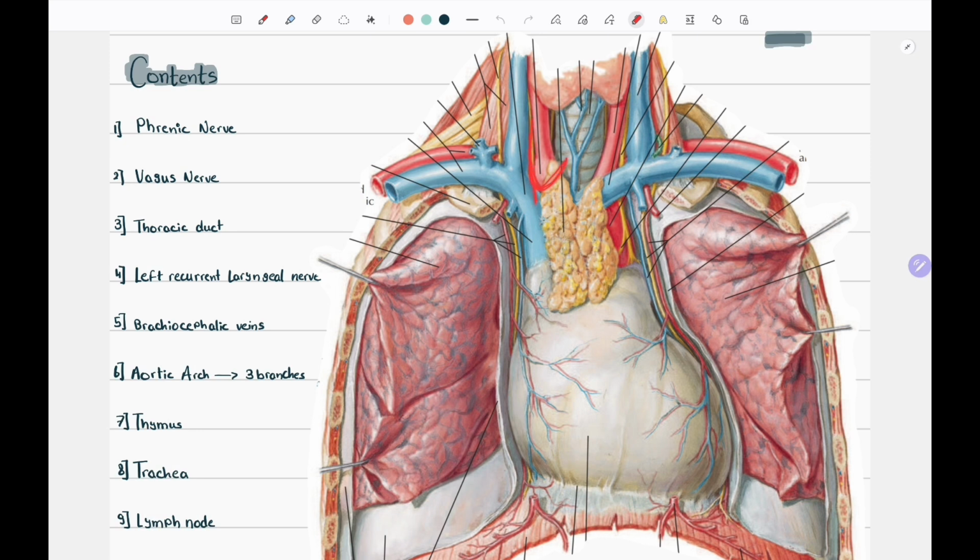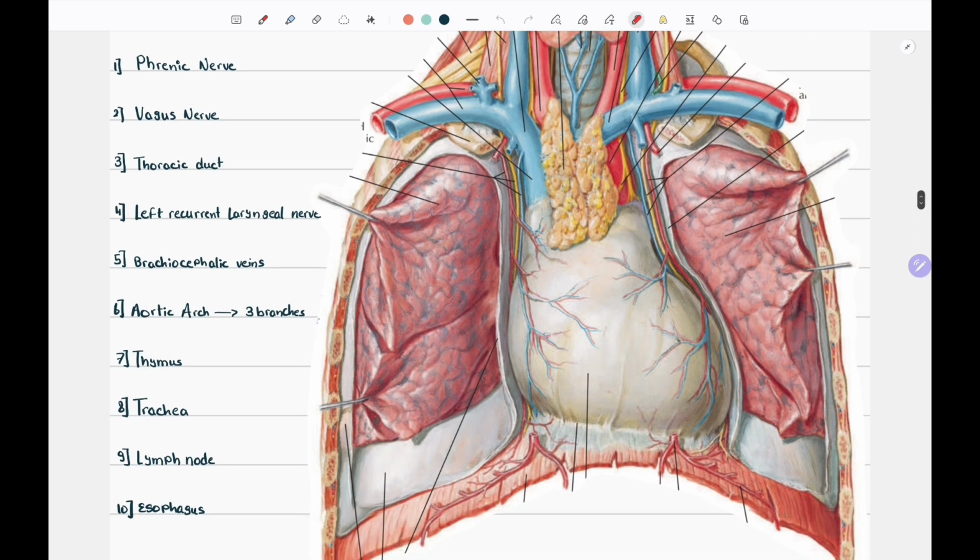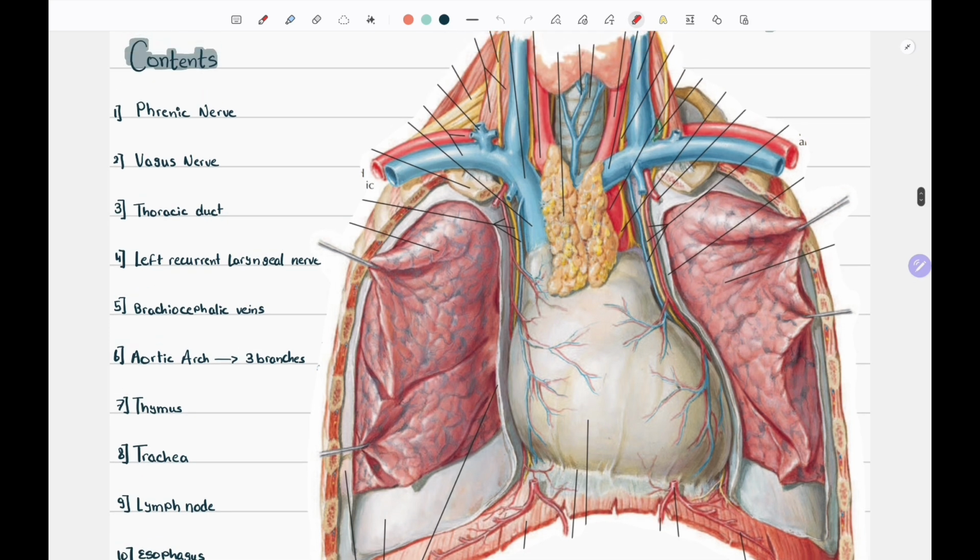It does not come downward like the left recurrent laryngeal nerve. While descending, it turns upward from this level itself. So the right recurrent laryngeal nerve is not included in our contents of superior mediastinum.